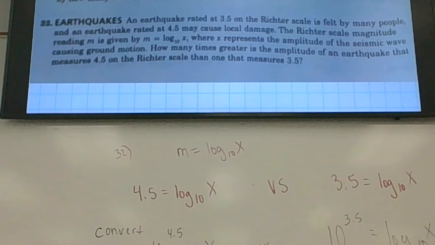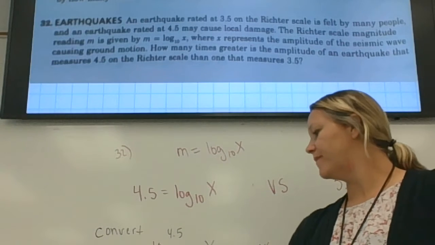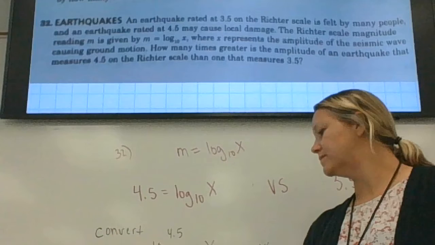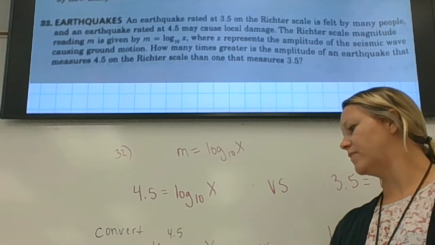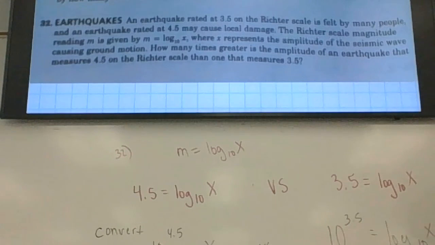First calculate this for me. What's 10 to the 4.5? Hold on, let me get my calculator out. 31,230.2.